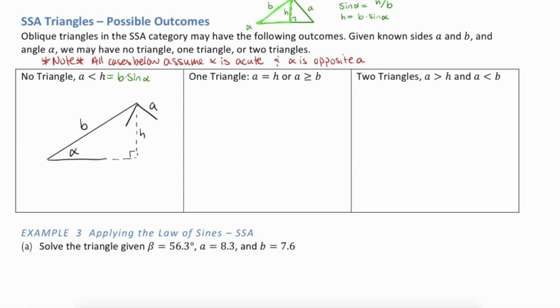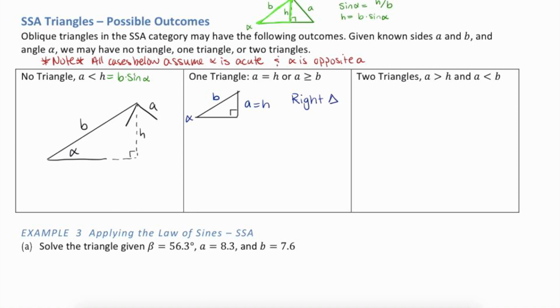Let's look at case 2. If we've computed H using the side not associated with the given angle and the one and only given angle, and found out that A equals H, then we have a right triangle. Here's alpha. Here's A, which is equal to the height. And here's B. So in this case, we have a right triangle.